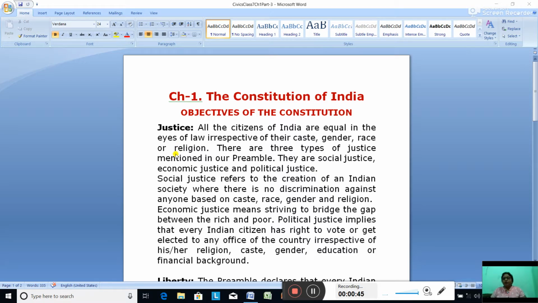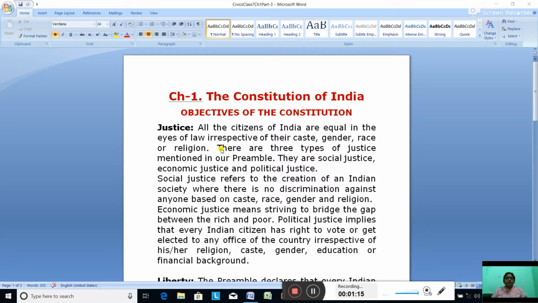Now, we'll be doing what is the meaning of justice here? Here it means all the citizens of India are equal in the eyes of law, irrespective of their caste, gender, race, or religion. It means all citizens are equal, whether they belong to any caste, any gender, race, or religion.